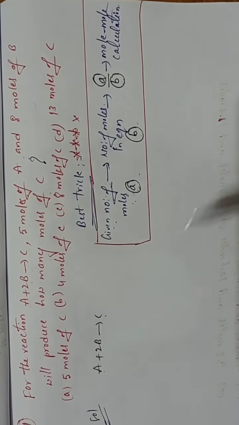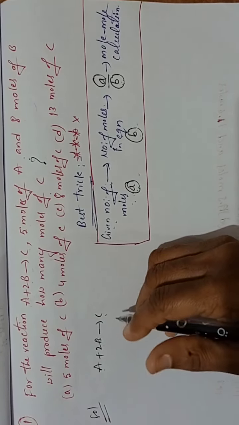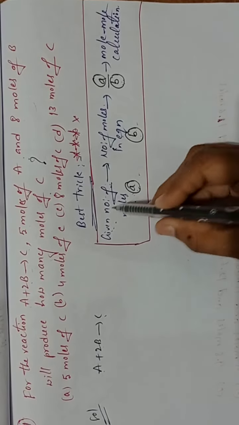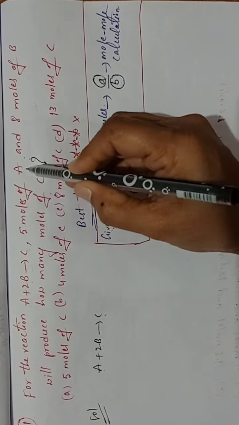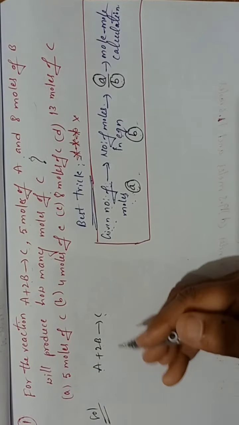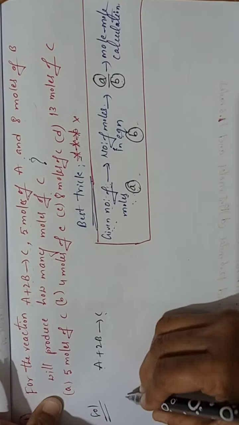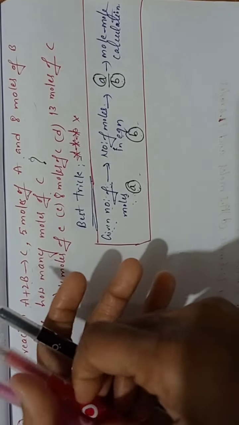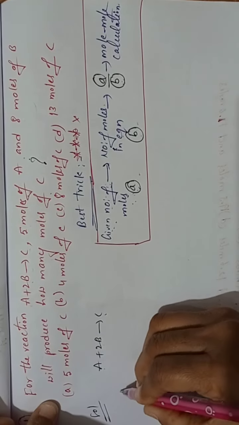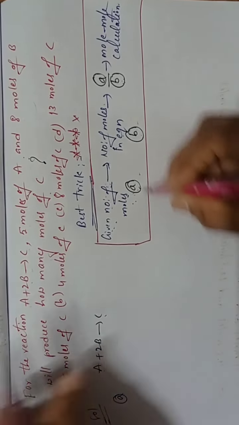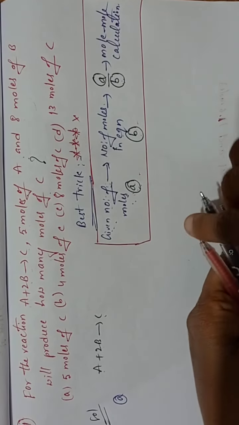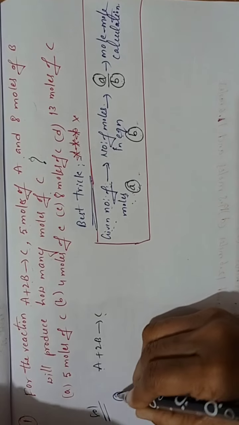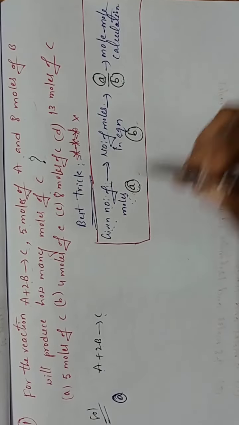See here, A plus 2B gives C. So first what I am doing, given number of moles. How many moles are given in the question, students? 5 moles of A, 8 moles of B. Understanding? So this is step A: given number of moles.